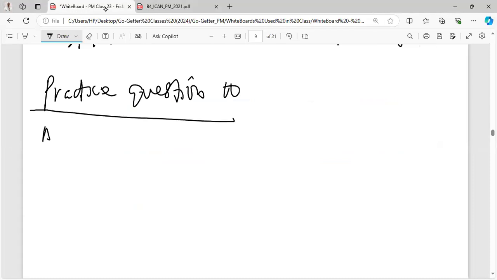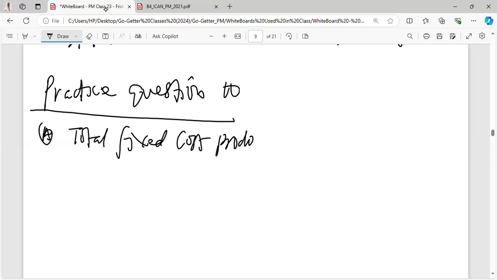So A, total fixed production overhead variance.